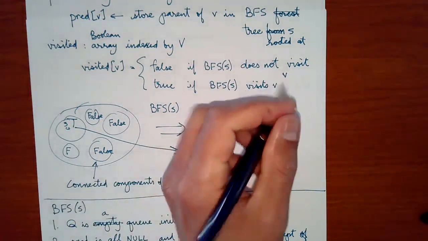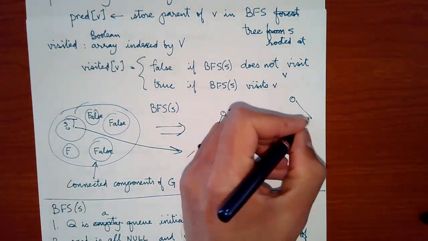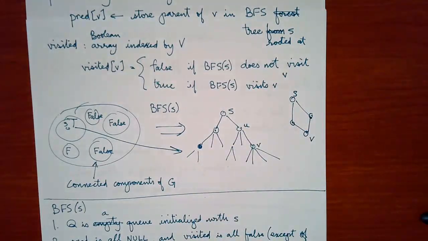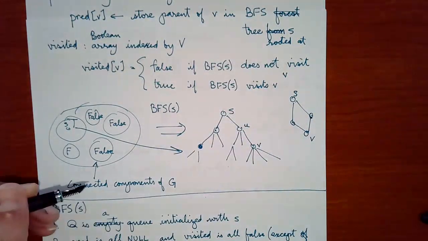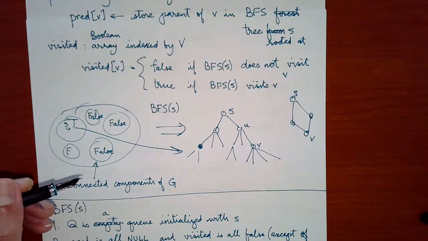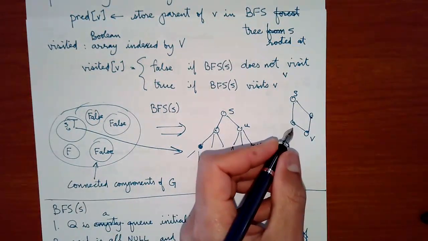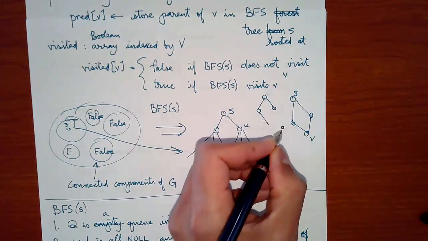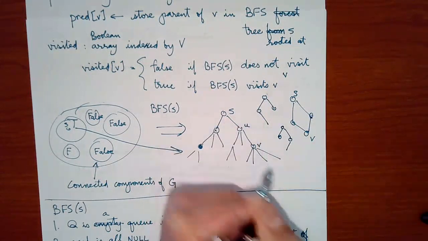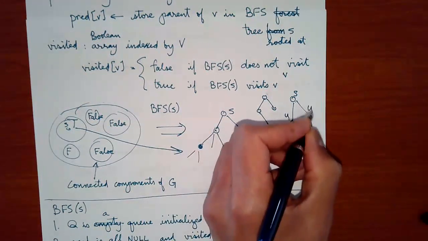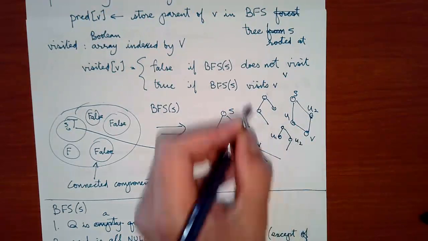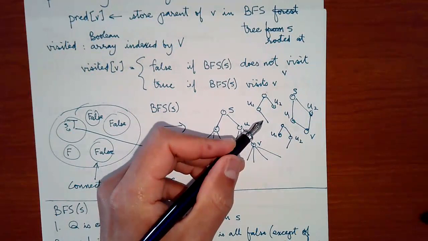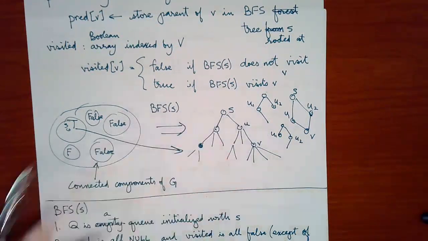I'll give you a simple example. So here's S, here's V. There are two shortest paths from S to V. So the BFS output could either be this, or it could also be this. That's U1, U2. Both of these are valid outputs. Why would you get one output over the other?